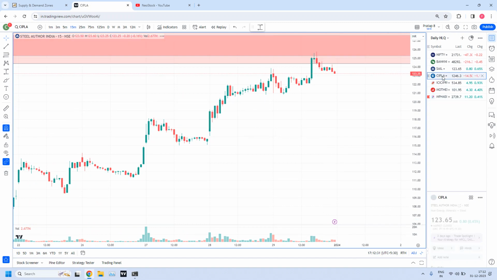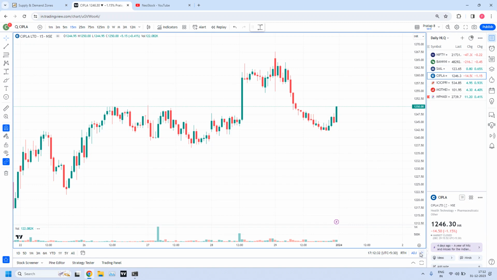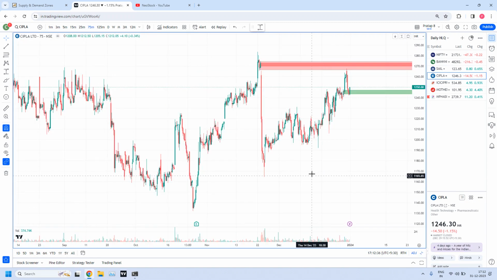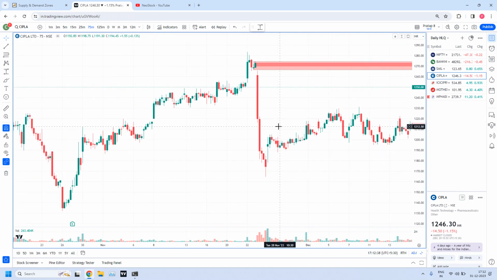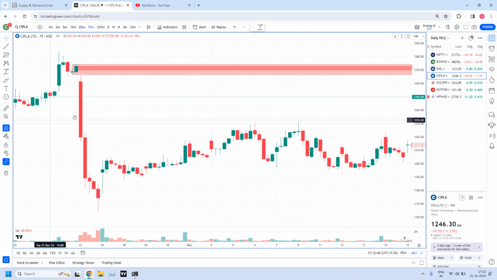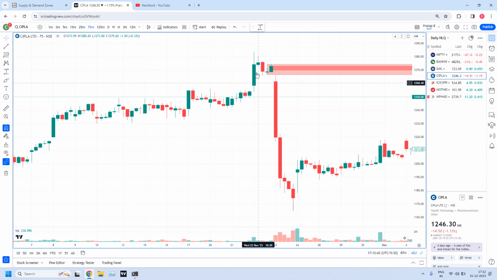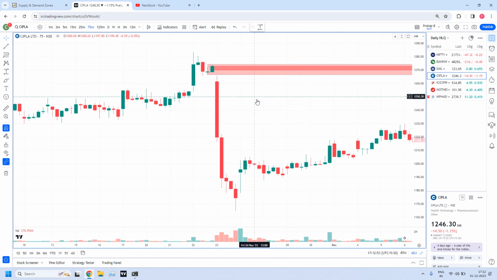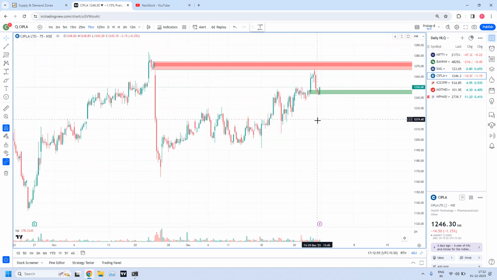Next one is Cipla. This is a 75-minute zone. So we have a rally candle, we have a drop candle, 2 base candles and a drop candle, DBD. So inside this 75 minutes, we fine-tuned to 15 minutes.